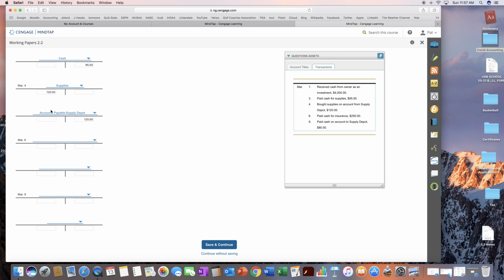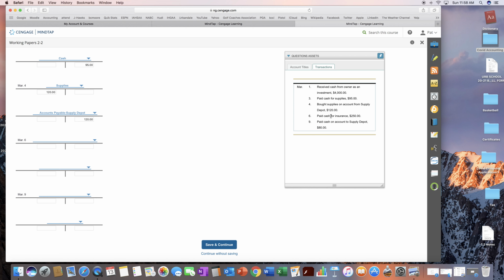Supplies is increased again when we bought supplies on account. We increase supplies, which is an asset, with a debit. We increase the liability, meaning we increase a bill. Sometimes people want to say that's a negative, but we owe them $120. How do you increase the liability? You credit it.